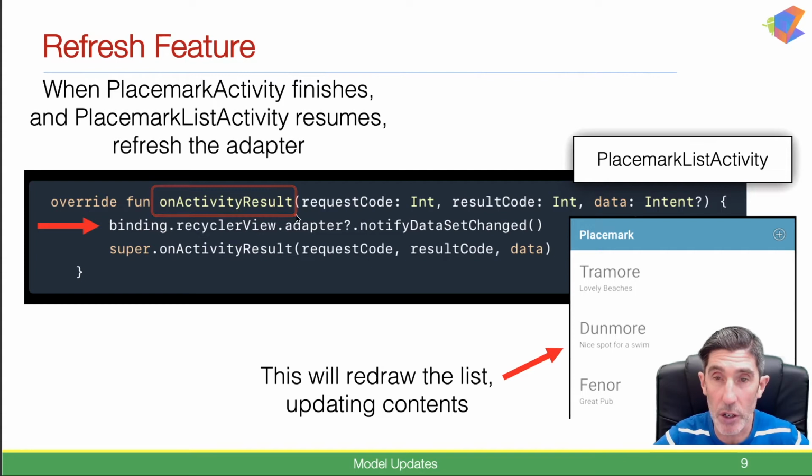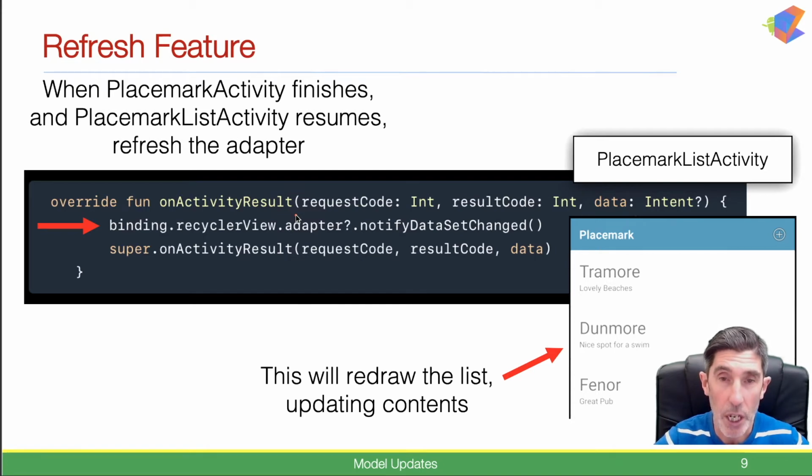When we return from placemark activity back to placemark list activity, because we would have used our startActivityForResult call, passing in the intent to trigger the launching of placemark activity, once that finishes through the finish, whether it's the cancel or whether it's the user creating or adding a new one, it comes back to placemark list activity.